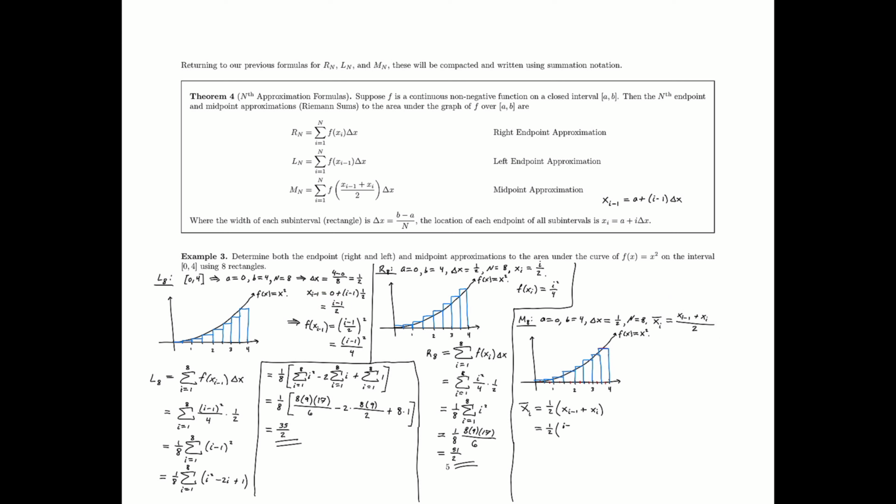So (i minus 1) over 2 plus x sub i, we found out x sub i was just i over 2. Well, it looks like we can add this all together. This is really a half times (i minus 1 plus i) over 2, which is (2i minus 1) all over 4. And then, if we do f of x bar sub i, this is (2i minus 1) quantity squared all over 16.